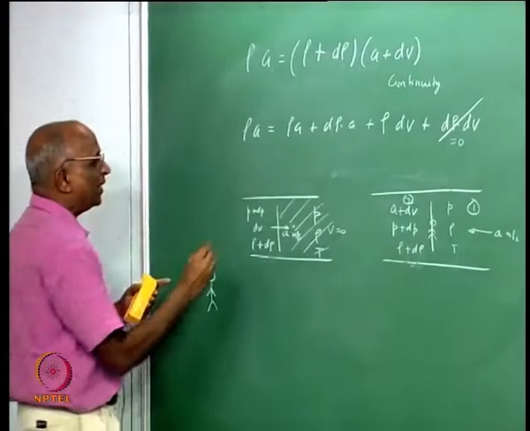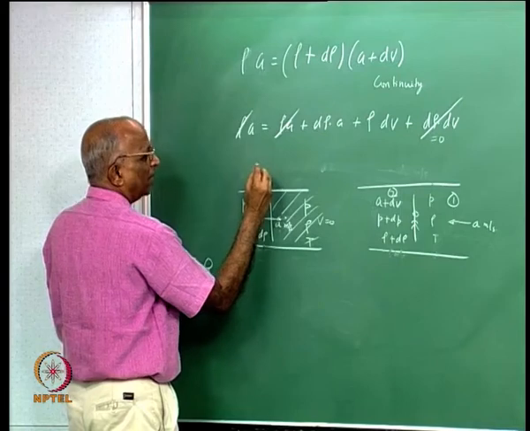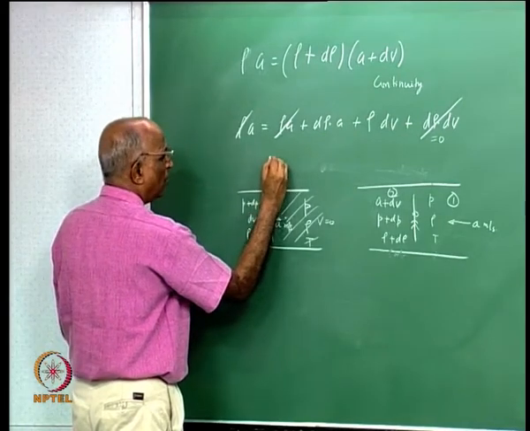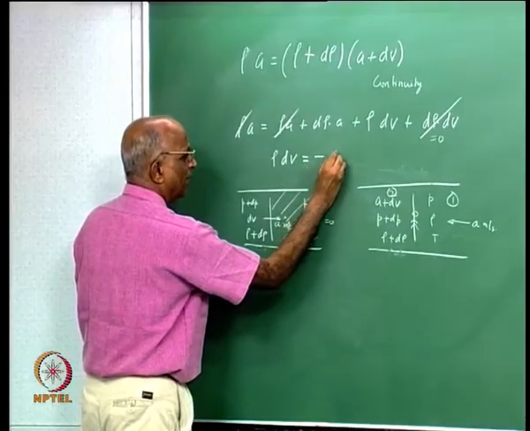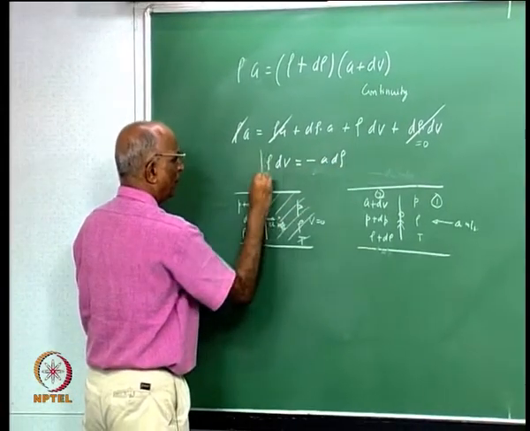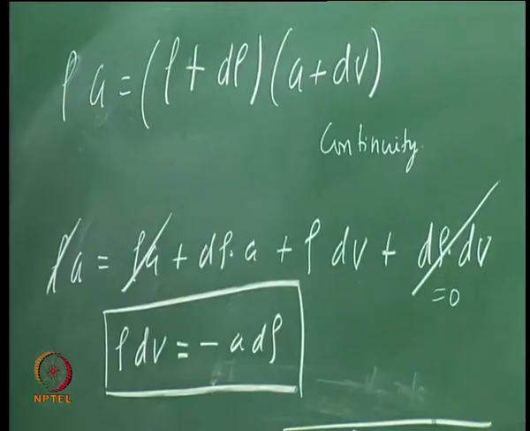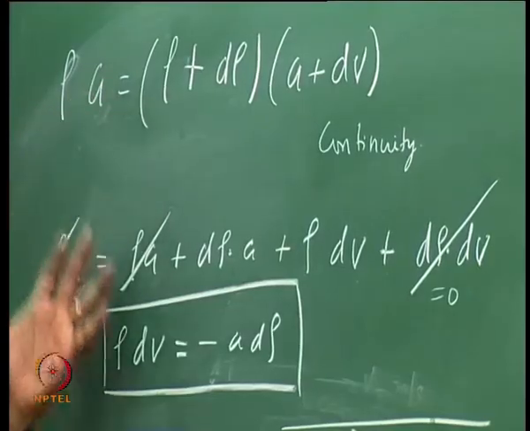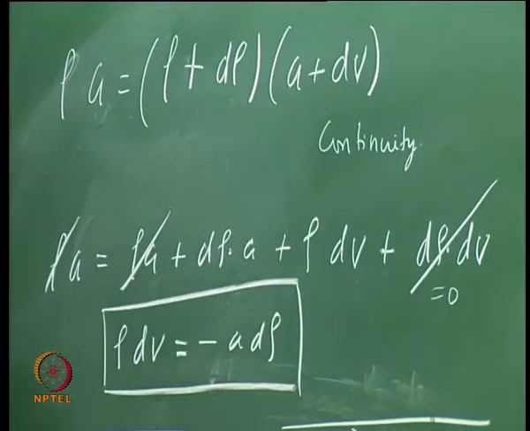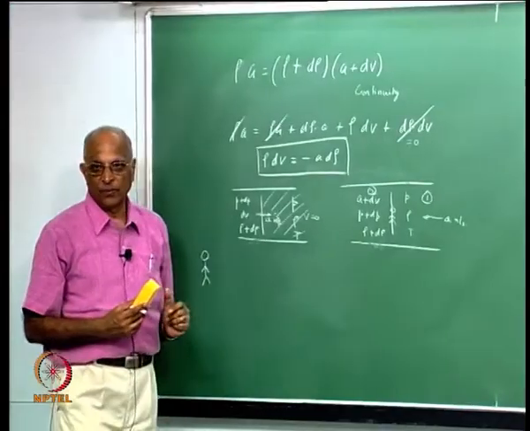And therefore what is it I get from this equation? The rho a gets cancelled, and I get rho dV is equal to minus a d rho. This is from the continuity or mass balance equation across a sound wave as I sit on this sound wave and see the medium processing.